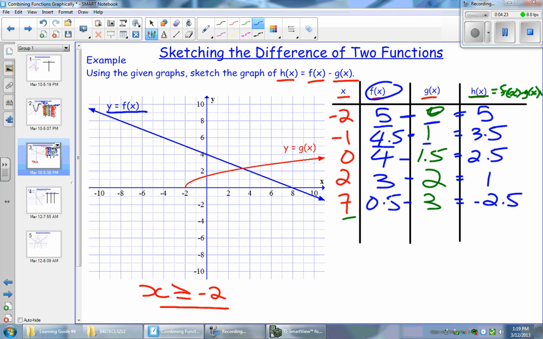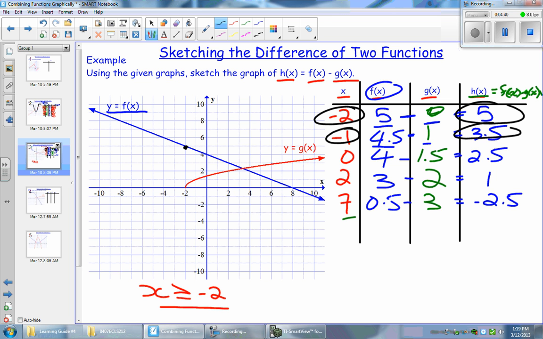Okay, so once we have those points written out in the table of values, we simply graph them. The first point we're going to graph here is -2 and 5, which is right there.